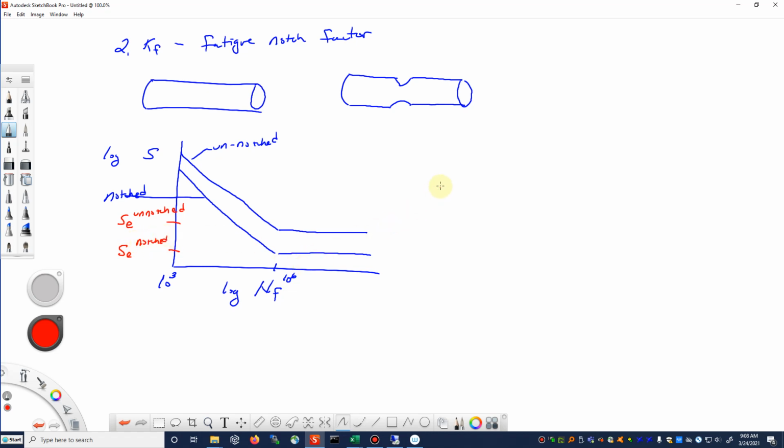And strictly speaking, the fatigue notch factor, Kf, then, would be the value of the endurance limit of the unnotched bar divided by the endurance limit of the notched bar.